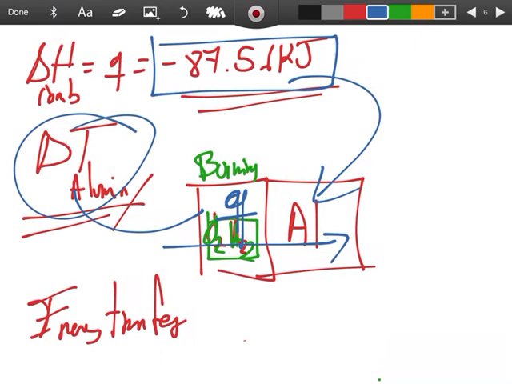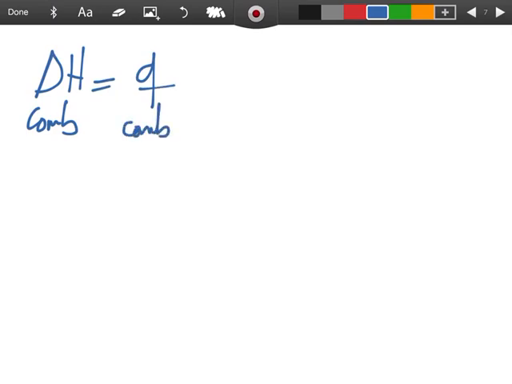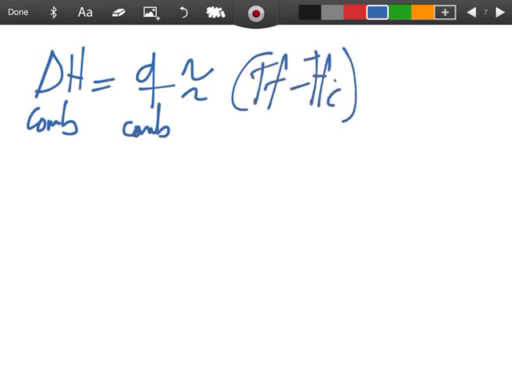So if that is true, let's go to another page. I need to set up that the change of heat of the combustion is going to be the same as the heat of combustion. We already know that. And I have to relate this somehow to the change of temperatures for the aluminium.